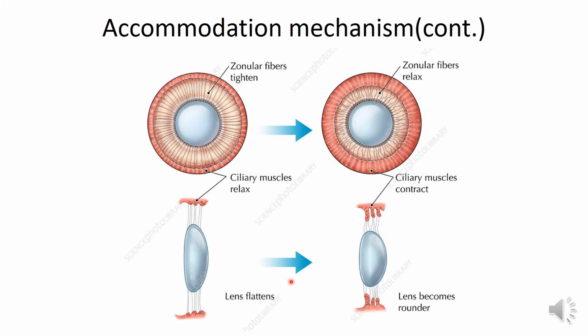If you compare it to this side of the picture, when the ciliary muscle contracts, the suspensory ligaments become not tight, and because of less tightness in the suspensory ligaments, the lens becomes more round. This is needed to see near objects, and a less curved lens is needed to see far objects.